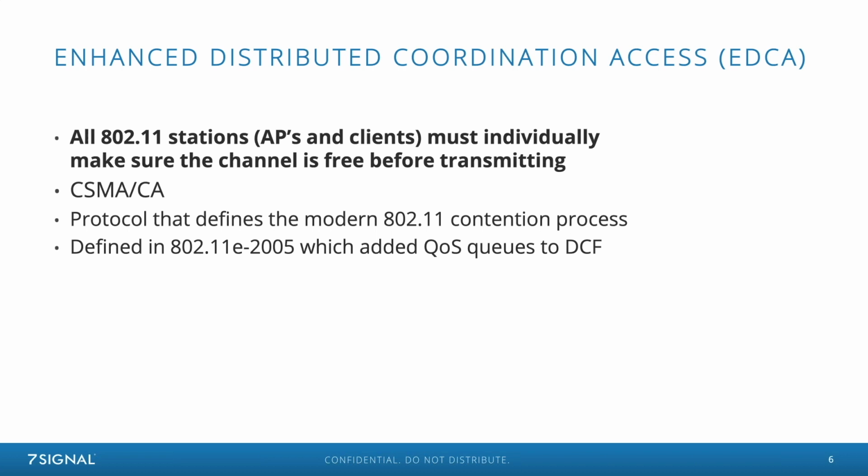It looks like there's order and orchestration on the channel, but really it's an emergent order from individual stations acting alone, using the same rules for channel access and, in the best case scenario, politely sharing the channel with each other when they need to transmit.